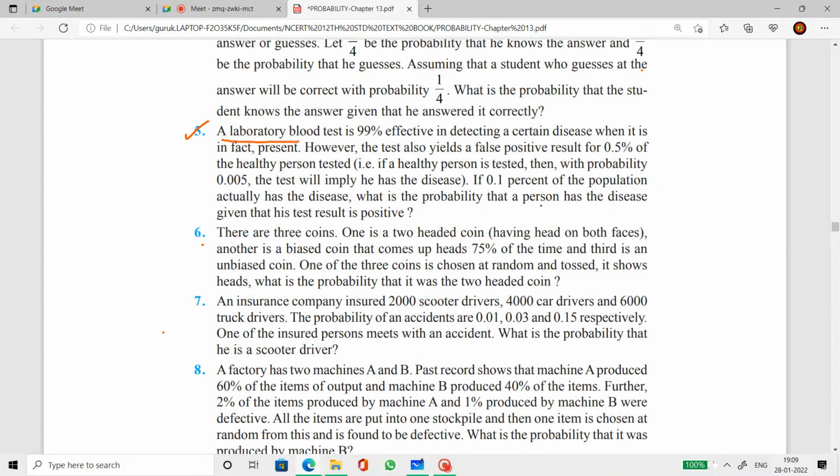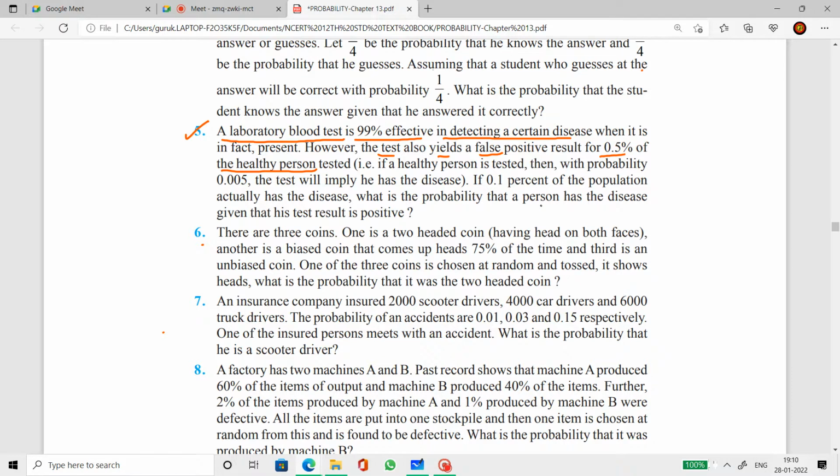A laboratory test is 99% effective in detecting a certain disease when it is in fact present. However, the test yields a false result for 0.5% of the healthy persons tested. It's 0.5 percentage, 0.5 by 100, that's why it's 0.005 in the brackets.